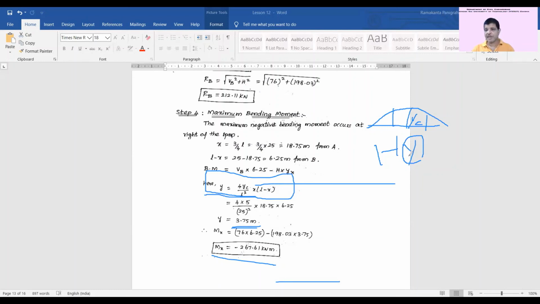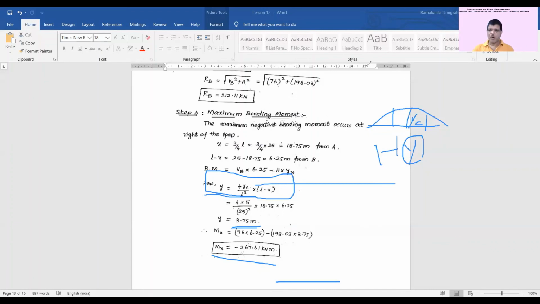There will also be a positive value, because if you take the equation from the left side, there will be an x square term, because it is UDL. You will find the moment has x square terms, and if you take dMx by dx, then you can find the value. It satisfies two conditions, and accordingly you can find the value of y.